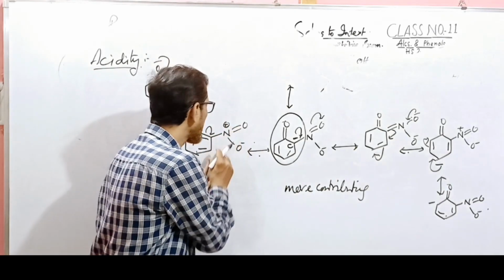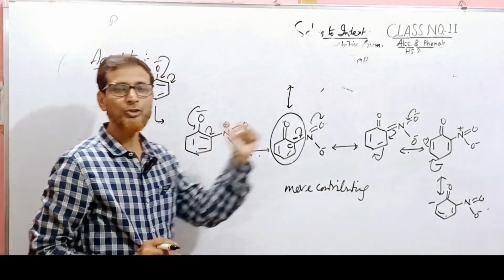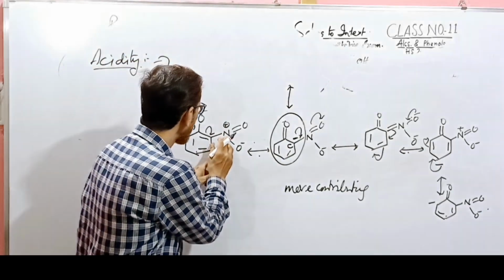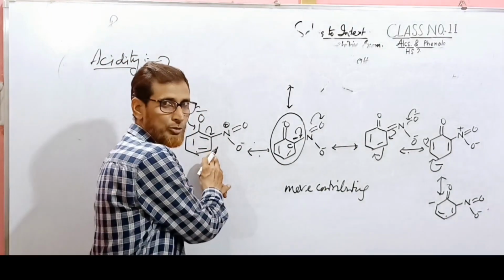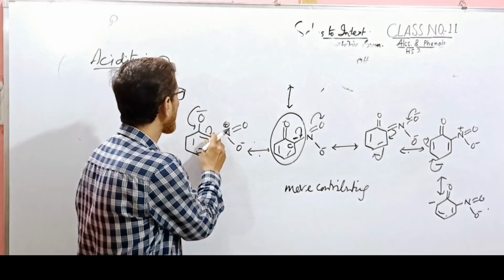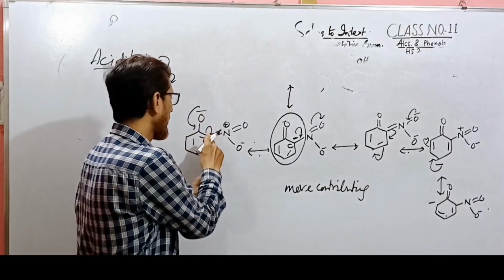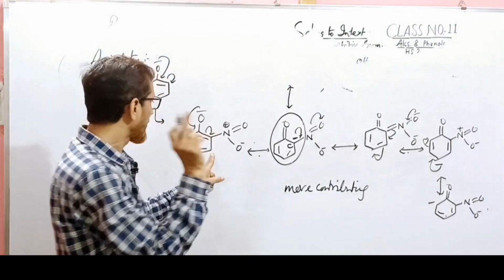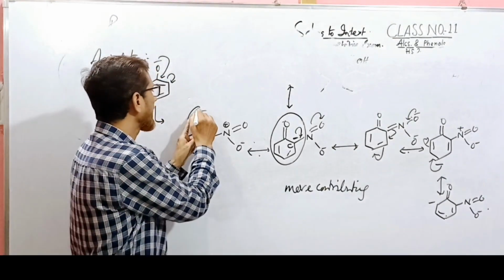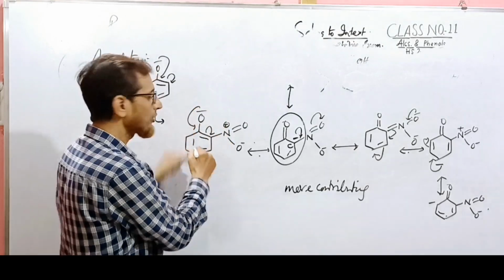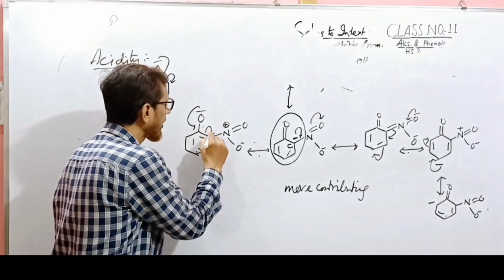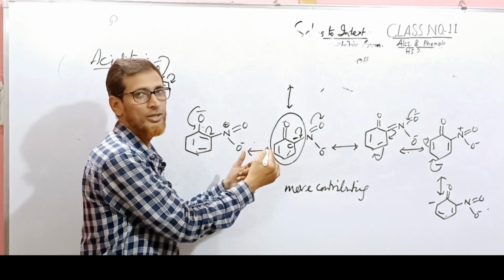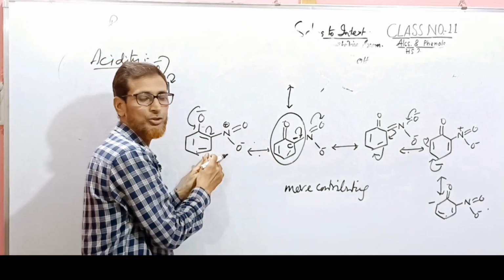So if this is in meta position, what happens? At home you try to draw, you see whenever this nitro group is in meta position, you will never get that negative sign accumulated on that carbon. Because of this fact, the resonance is restricted to the benzene ring itself, and doesn't go out when it is in meta position.